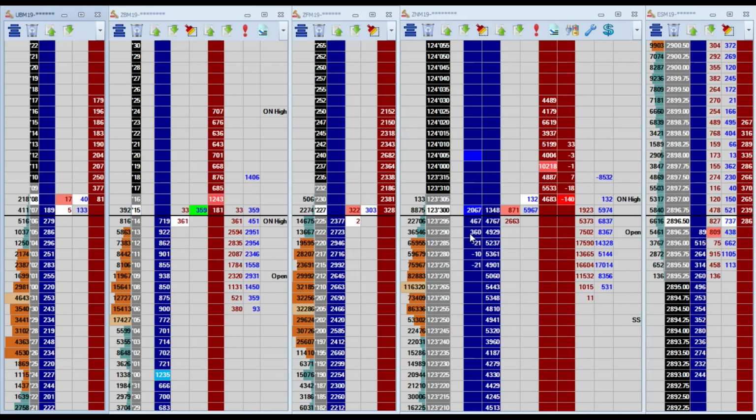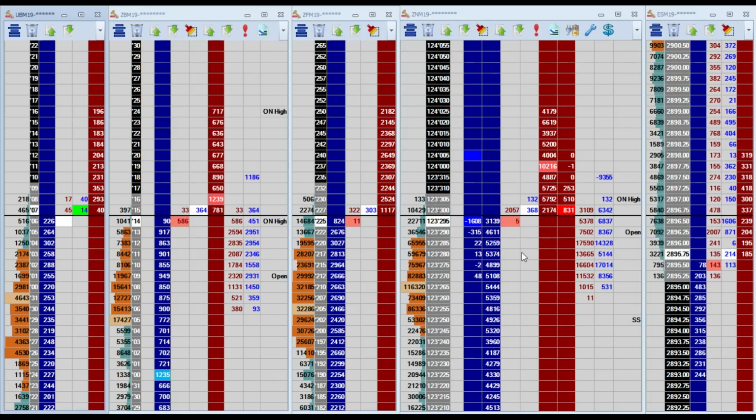So basically what we're looking for here is for sellers to absorb a bunch of buying, or just act really aggressively, where they hit that bid and then immediately start attacking down as well.